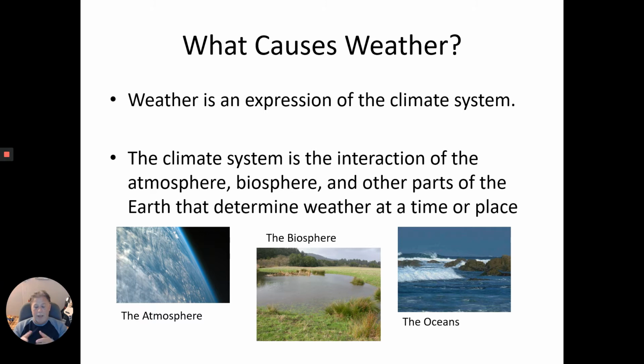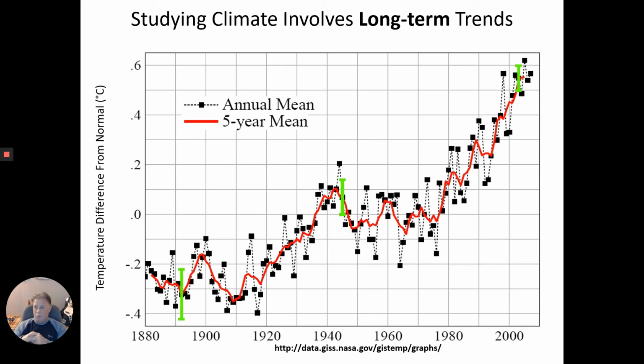So let's look at what causes weather. Weather is what is happening in the climate system. We already went over what a climate system is: the interaction of the atmosphere, the biosphere, and other parts of the earth that determine weather at a particular time or place. If we look at weather changes, they only involve a few days.